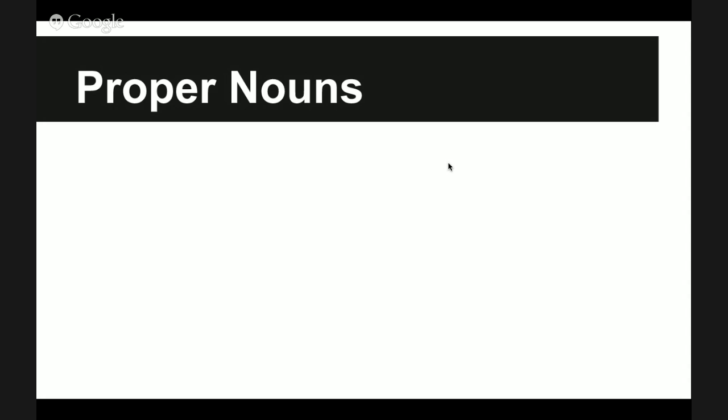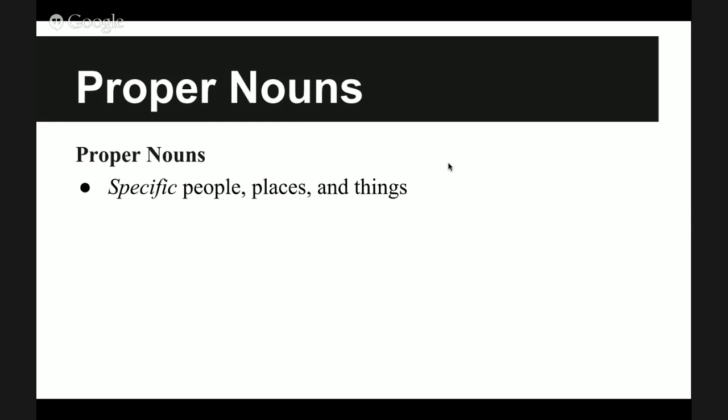First up, we have proper nouns. So what is a proper noun? Well, proper nouns are the names of specific people, places, and things. So if you are referring to a specific person, a specific place, or a specific thing, that is a proper noun. So think of nouns for which there is no substitute.